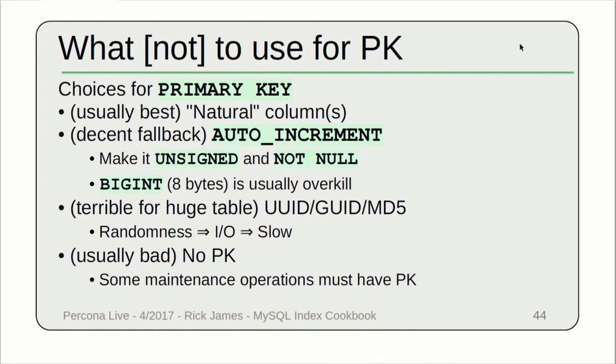Usually the best, in my opinion, is to find a natural key, something in the table that is already unique and could be used as the primary key. A common fallback is to use an auto increment. Add an extra column that's an INT UNSIGNED AUTO_INCREMENT NOT NULL. Don't make it BIGINT unless you really expect to have more than 4 billion rows.